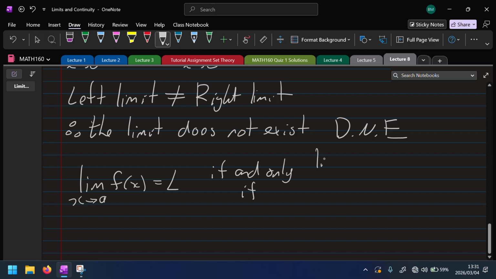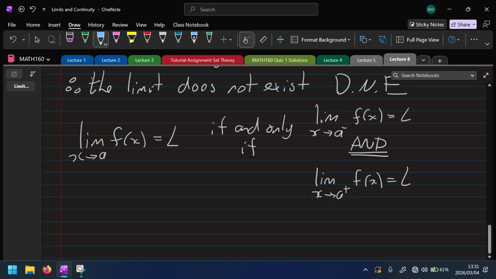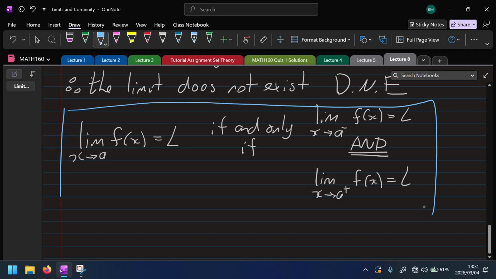It's going to be the limit as x goes to a minus of f of x is L, and the limit as x goes to a plus of f of x is also L. Please put a big box around this.